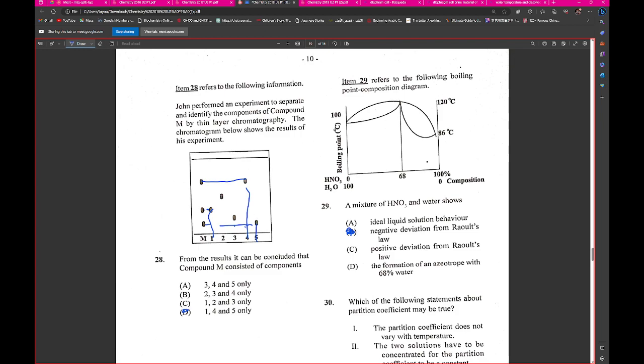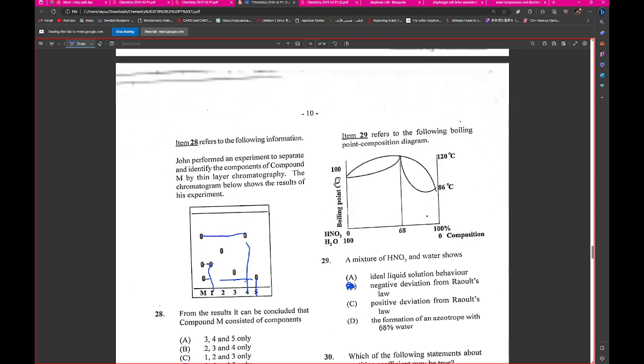Okay, according to the study guide, for the negative deviation, the boiling point is high. So for negative deviation, the boiling point is going to be higher, and for the positive deviation, the boiling point is going to be lower, right?